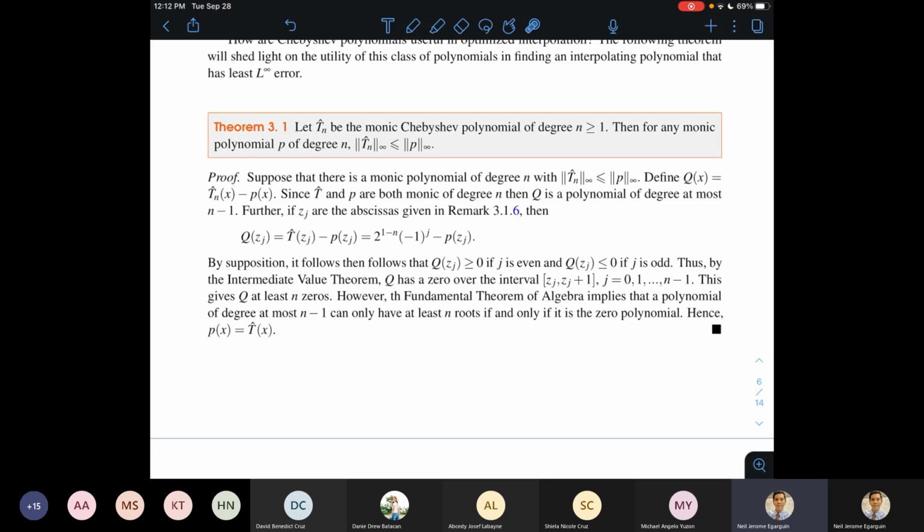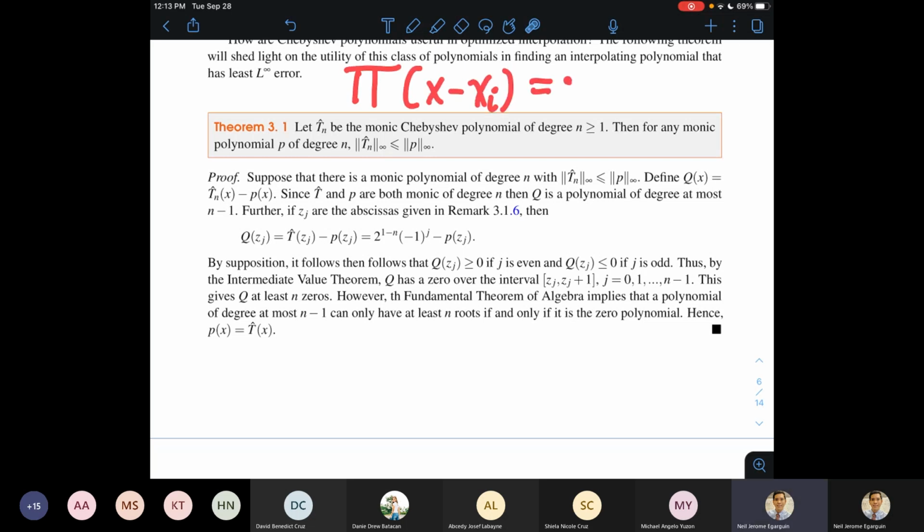I-check ko sa recording. Pero the idea there is hopefully ang idea kasi natin ay i-minimize yung error. Pero ang naging goal natin ay i-minimize na lang si omega for now by choosing the nodes. Pero remember how omega was defined? Si omega ay product ng x minus xi.